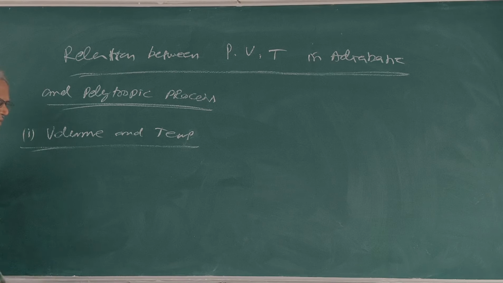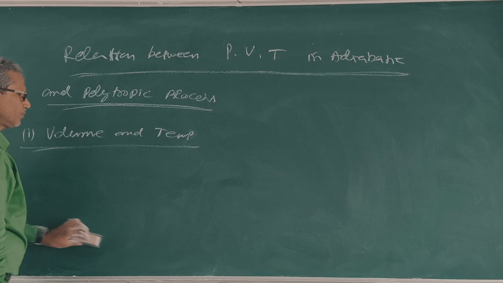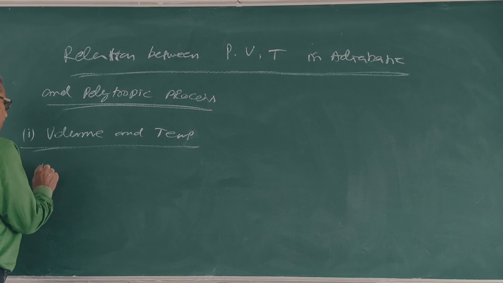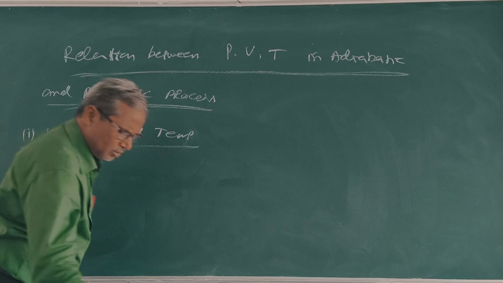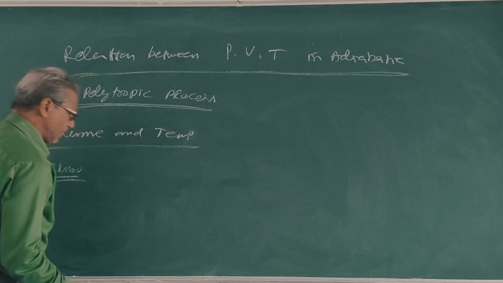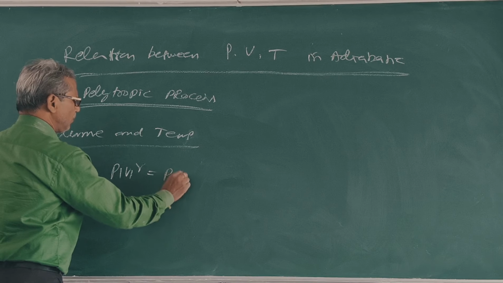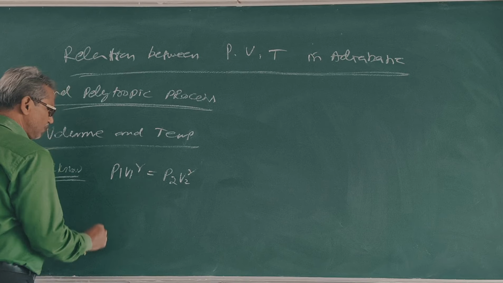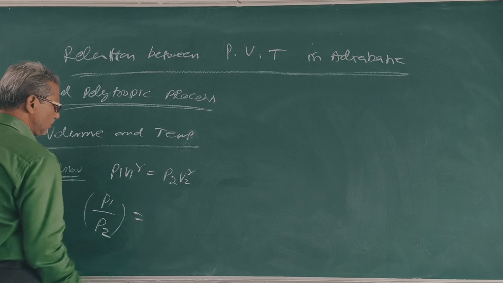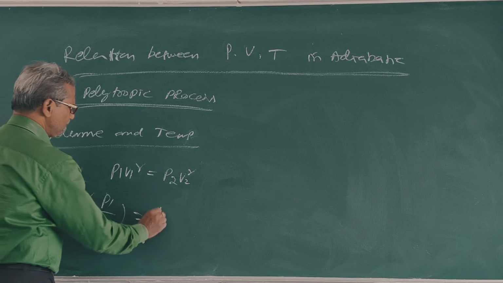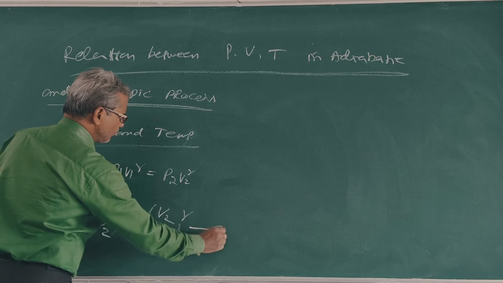Now, we know P1 V1 to the power gamma is equal to P2 V2 to the power gamma. Clear? So P1 by P2 is equal to V2 by V1 to the power gamma. Equation 1. Clear?